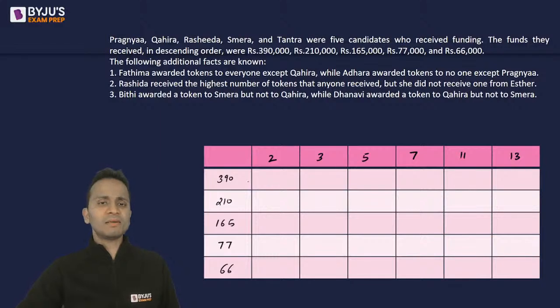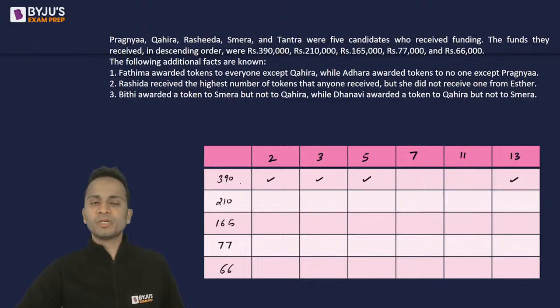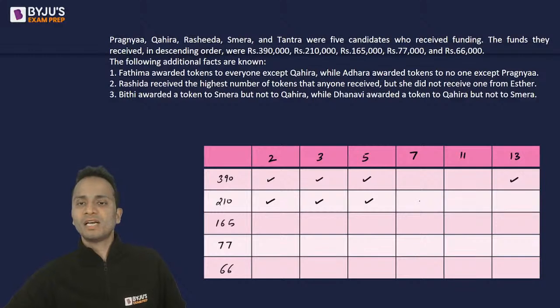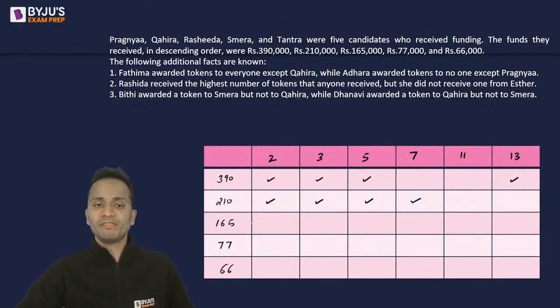Now I'll factorize these numbers. 390 is 2 multiplied by 3 multiplied by 5 multiplied by 13. So this person, whosoever it is, has received tokens 2, 3, 5 and 13. 210, similarly 2, 3, 5 and 7. Now 165.